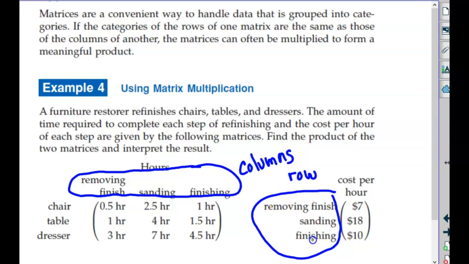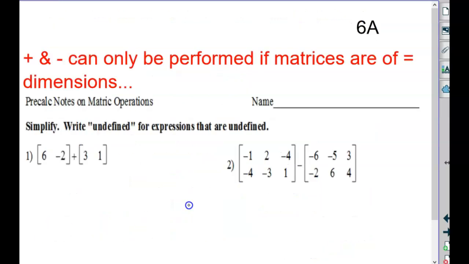Okay, those had to be the same. So if we do rows times columns for the first one, and then we do rows by columns for the second one, these two in the middle had to match up. All right, and then when we multiply them together, mystery, we'll come back to it. Okay.